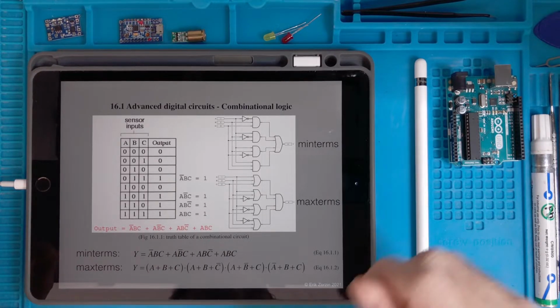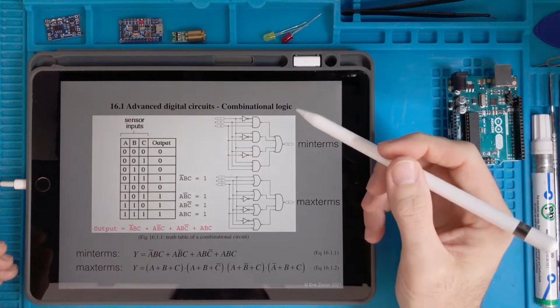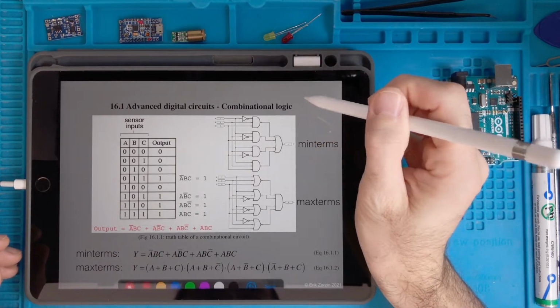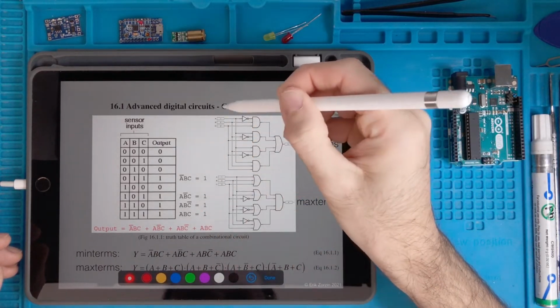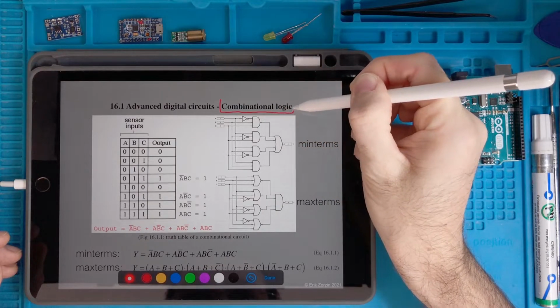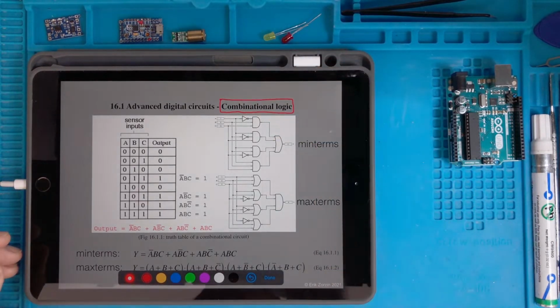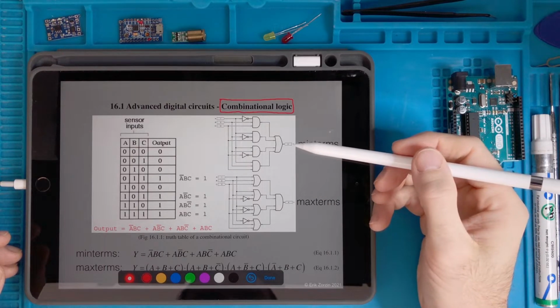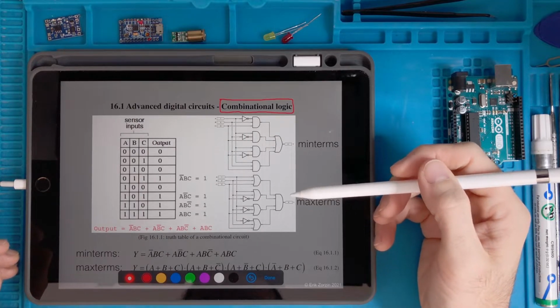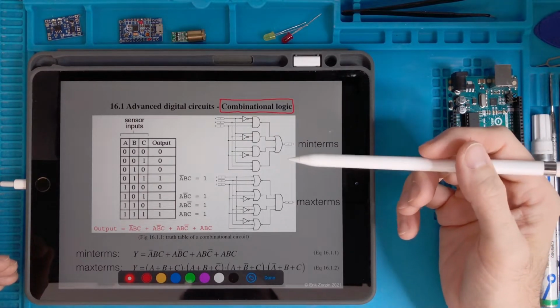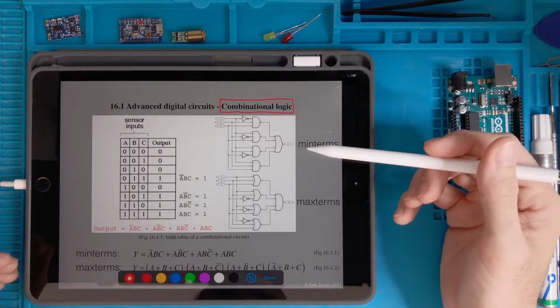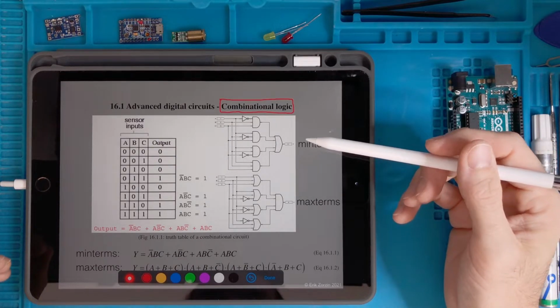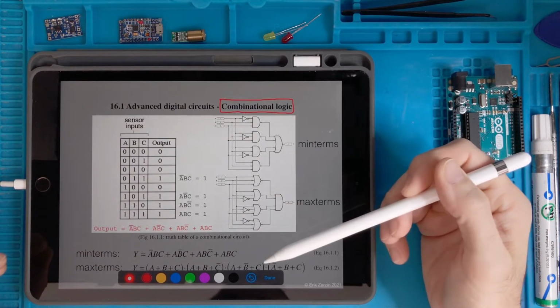Those circuits are called combinational logic circuits. It means that now we are considering circuits for which the state of the output, or the outputs, is a function of only the states of the inputs.